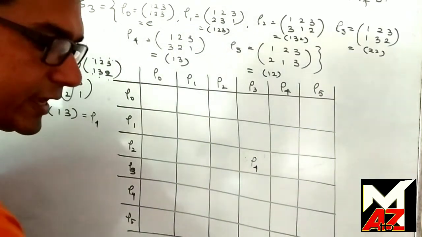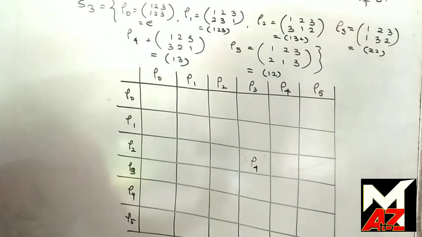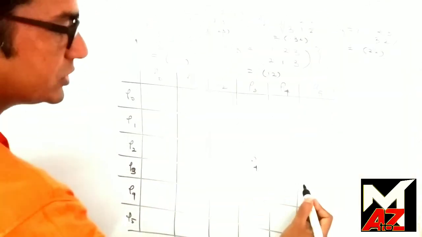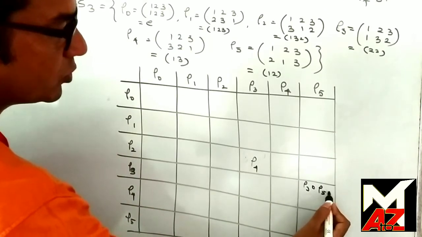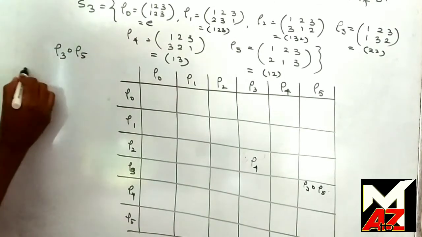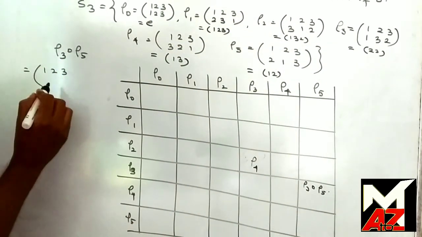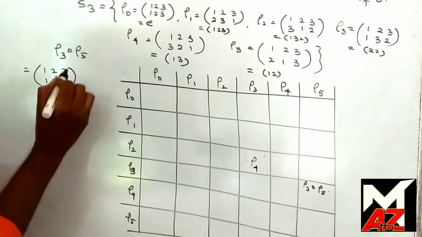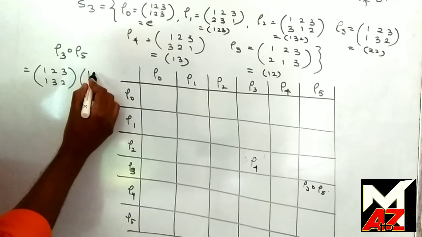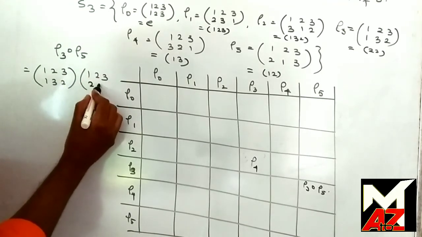And we get another result: consider row 3 and row 5. Row 3 composition row 5: row 3 is 1, 2, 3, 1, 3, 2, and row 5 is 1, 2, 3, 2, 1, 3.